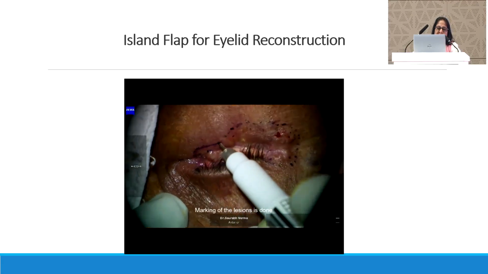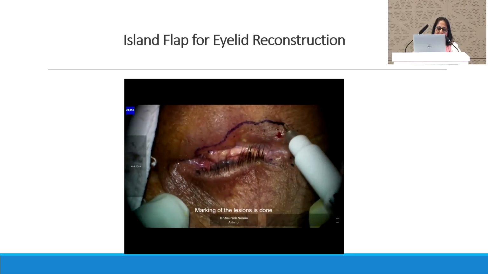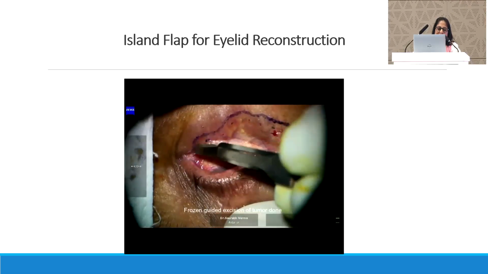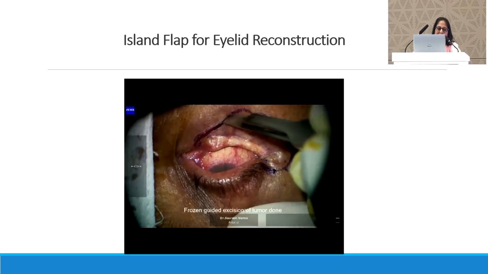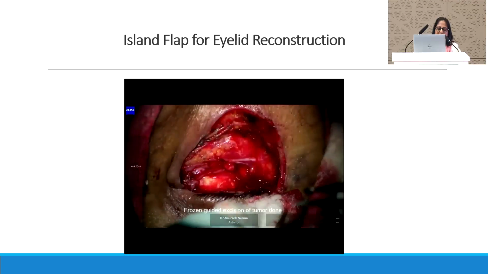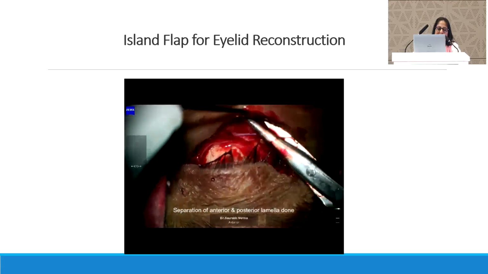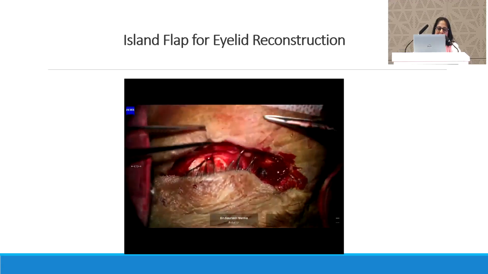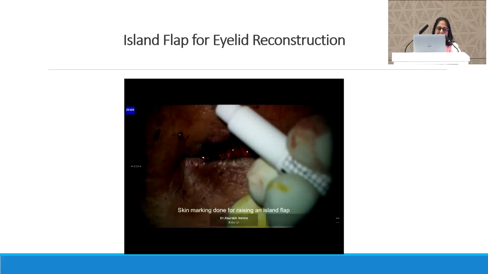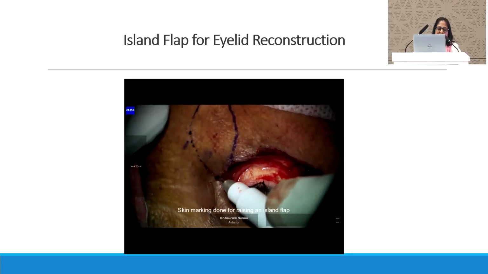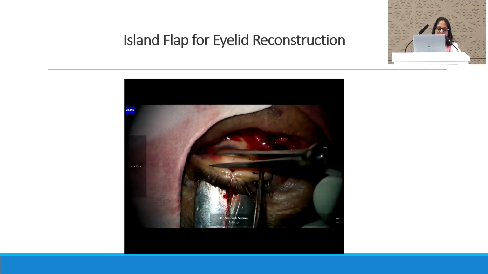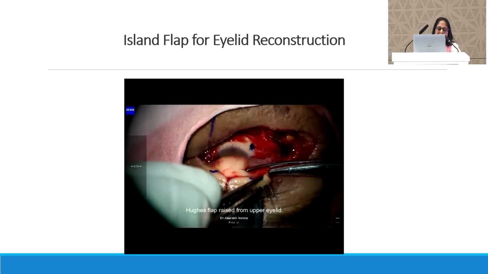biopsy proven, and this is just a marking, and a frozen was also done. So this included the upper lid also. After removal, I did the undermining just so that things are relaxed, and the marking of the eyelid flap was done, and a Hughes flap was raised from the upper lid.